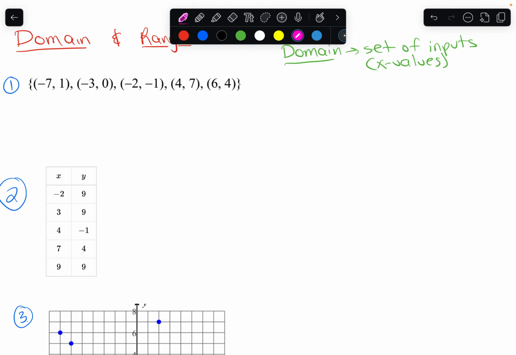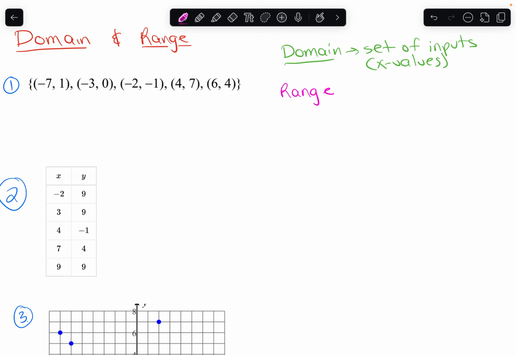If you just give me two lists of numbers, I'm going to have no idea what you're talking about. And if you remember from yesterday, range is your set of outputs. Or in our case, that's our Y values.